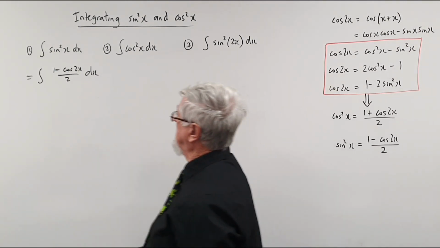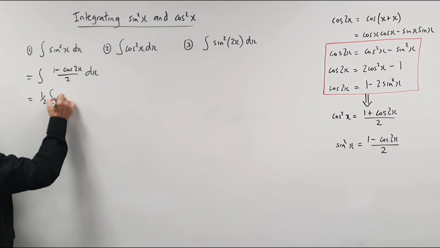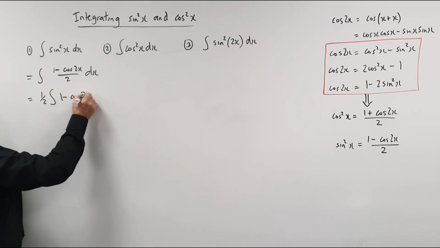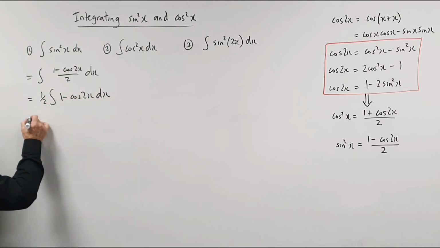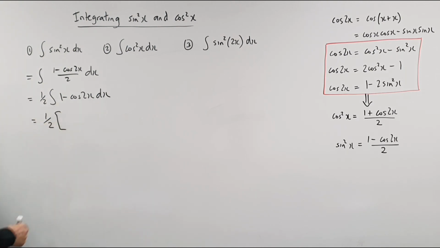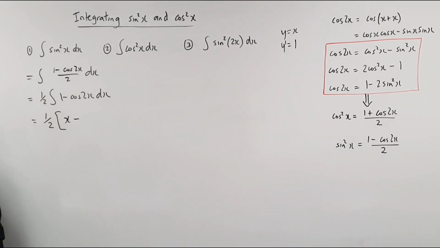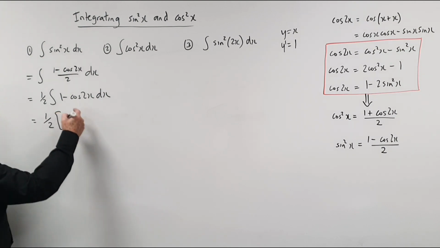Yeah. So what would a lot of people do? They put the half on the outside, which I'm okay about. I can do it with the half on the inside. So what's the integral? Okay, Gracie. What's the integral of 1 minus x? Where's the cos 2x come from? It's actually a minus cos 2x. Cos comes from?